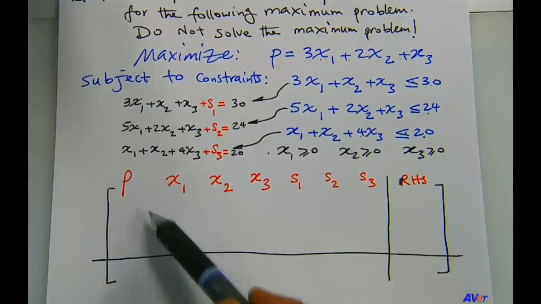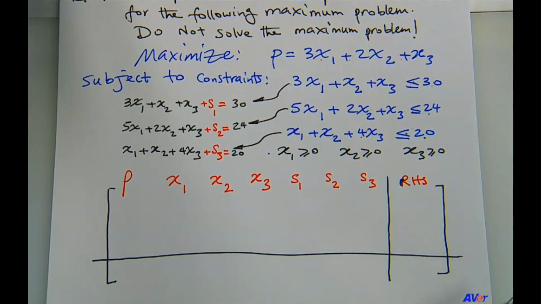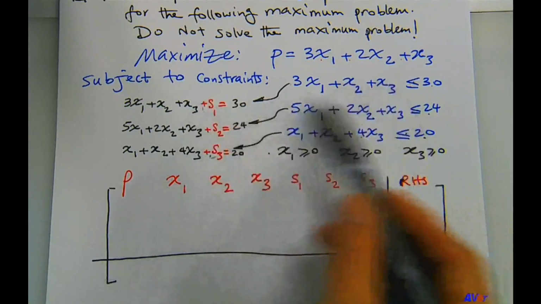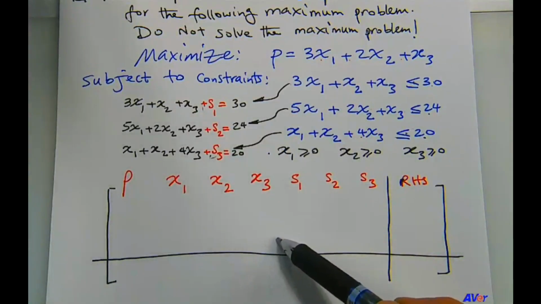let's use these numbers to create our initial simplex tableau. I'm not sure if I should do it now or later, but I guess I can do it now. It doesn't make any difference. So we introduced the slack variables. Now we're ready to import these coefficients into the tableau.